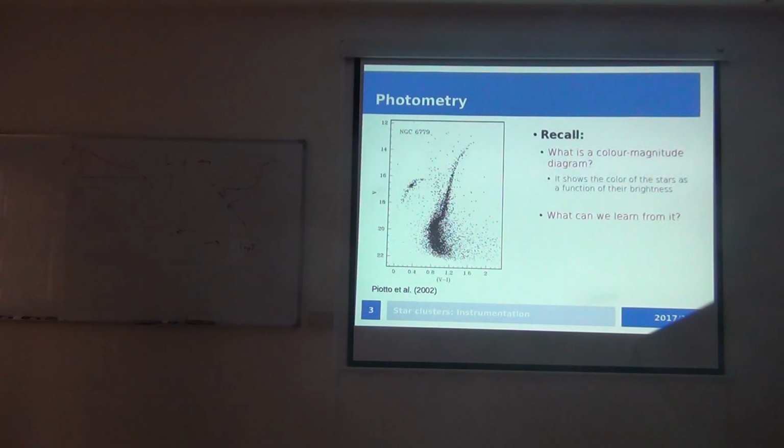So maybe we can do this interactively now. What can we actually learn from such a color magnitude or Hertzsprung-Russell diagram? You've hopefully learned some of the aspects for star clusters in the last lecture. So does anybody still have an idea what we can learn from this color magnitude diagram?